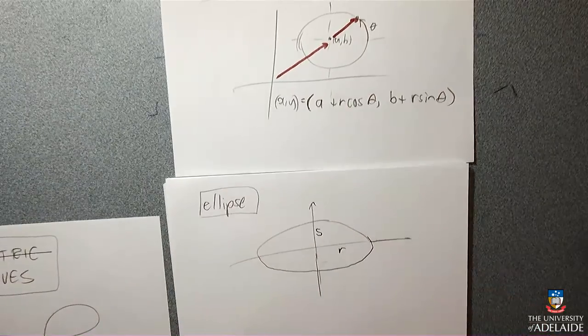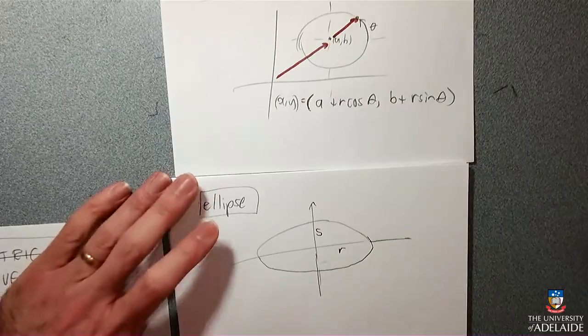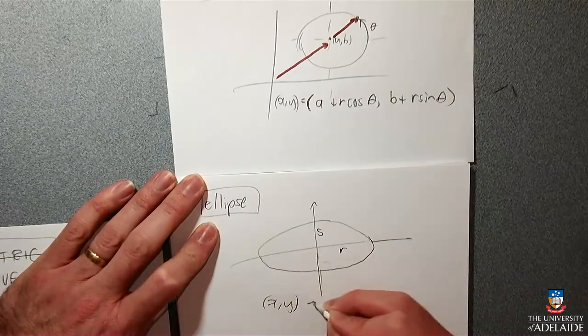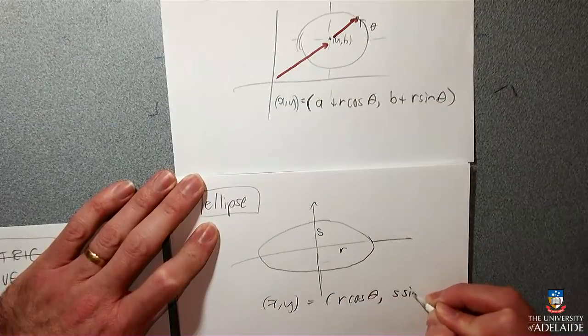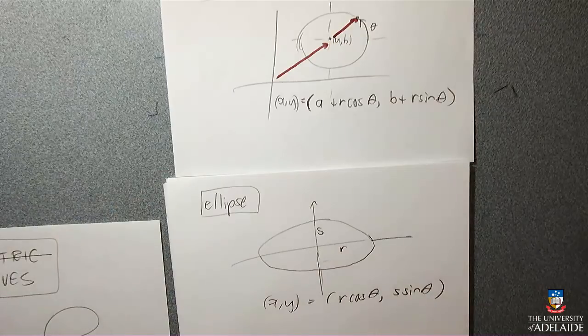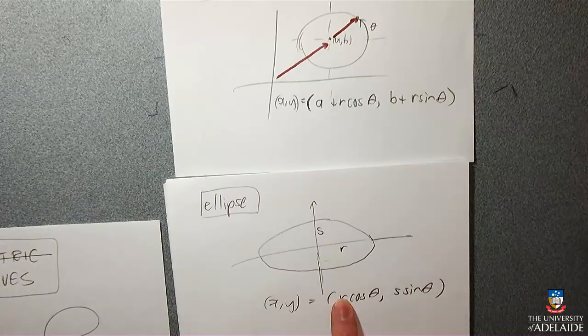It has a radius in the x direction and a different radius in the y direction. And it is r cos theta and s sin theta. So basically the same as a circle, except you use the x radius for the x and the y radius for the y. It's very nice.